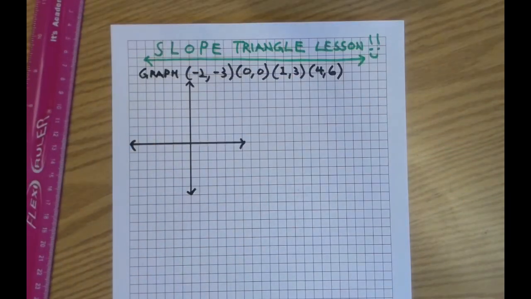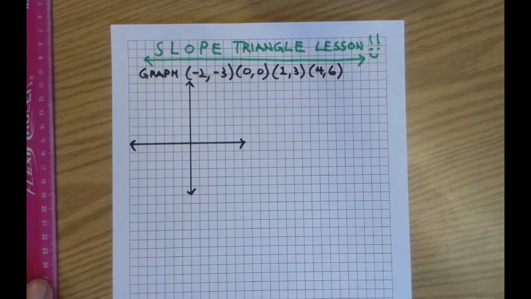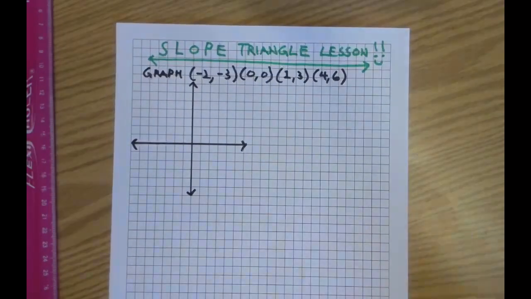So as we get into slope and y equals mx plus b and things like that, the concept of a slope triangle and the term slope has come up. So here's my short lesson, hopefully very short.